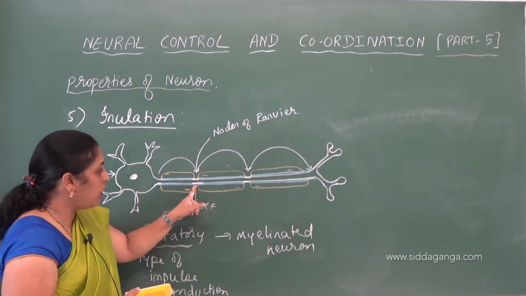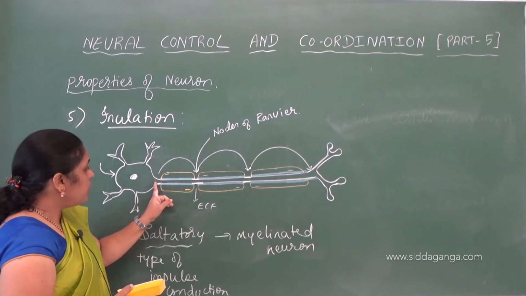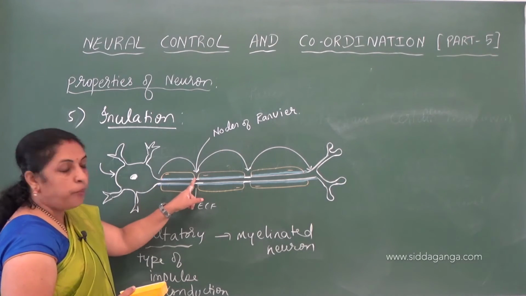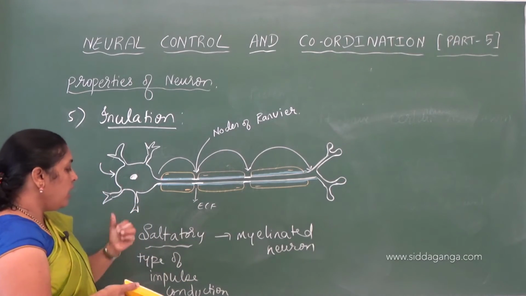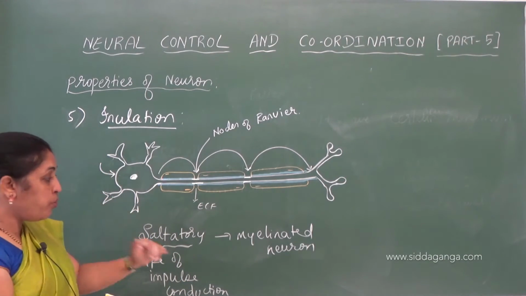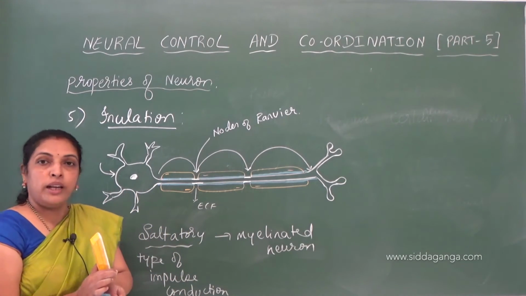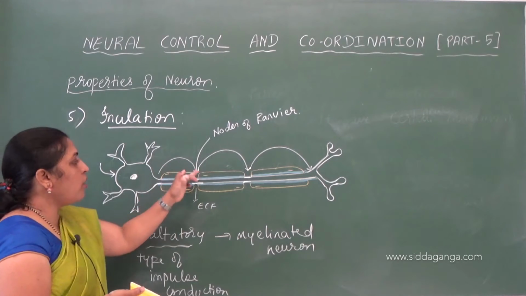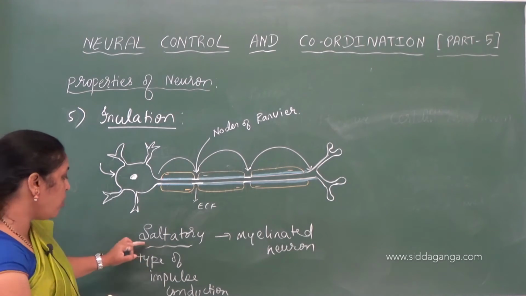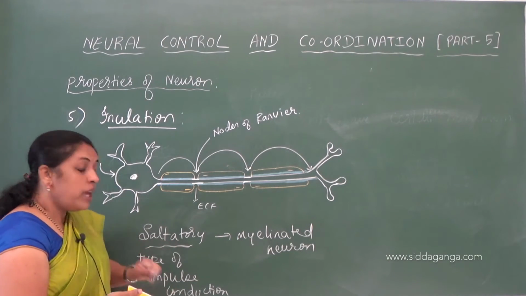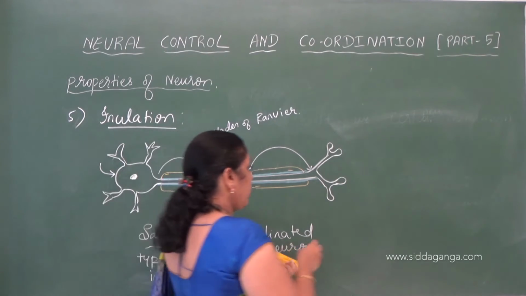So, the impulse will jump from one node of Ranvier to another. Hence the rate of impulse conduction is more in the myelinated neuron when compared to non-myelinated neuron. This jumping of action potential from one node of Ranvier to another is called saltatory type of impulse conduction.